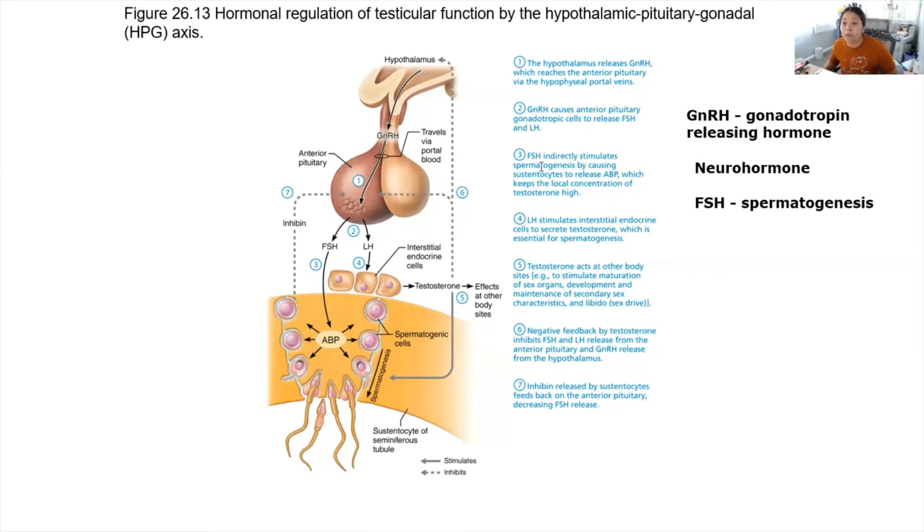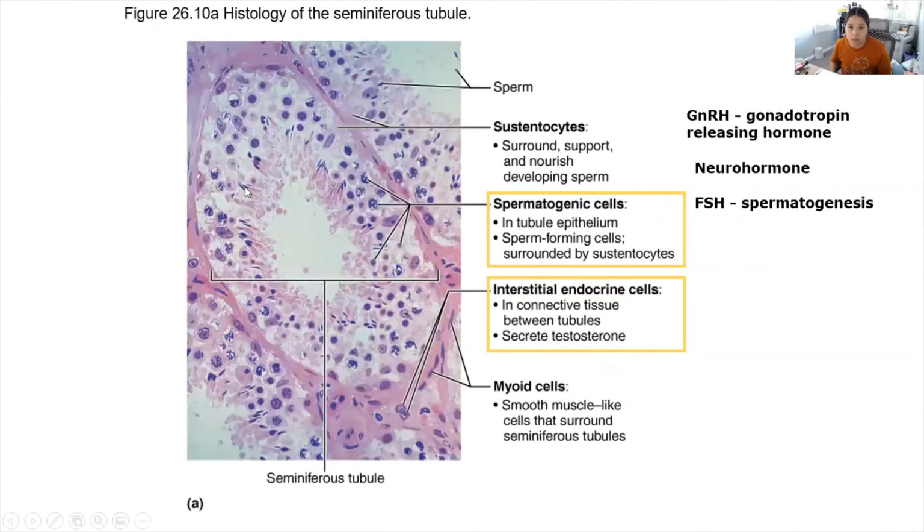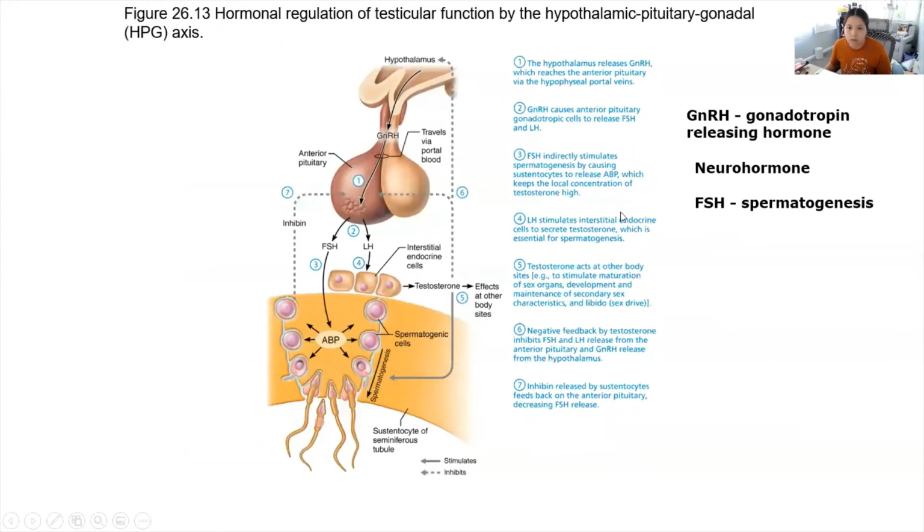cystinocytes, which is going to be the third type of cell that we find within the seminiferous tubules. If we go back, I said you only had to know 2 for the last video, but we should know the third one, which is here, cystinocytes. So these cystinocytes are going to be producing another chemical called ABP. So ABP stands for androgen binding protein.